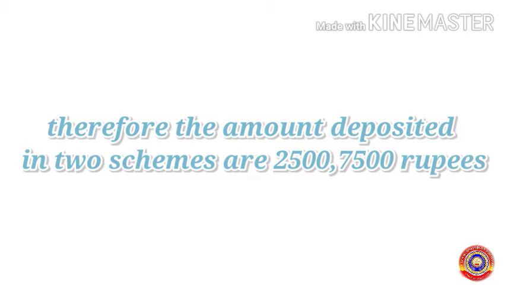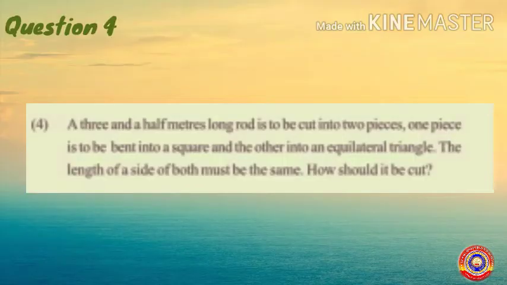Is it clear for you? Okay, move to the next question. Question number 4. A 3.5 meter long rod is to be cut into two pieces. One piece is to be bent into a square and the other into an equilateral triangle. The length of a side of both must be the same.